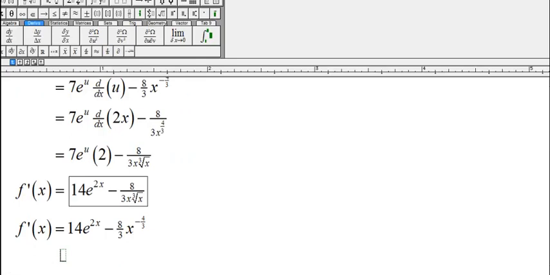Let me see if I can do a little bit more in my head this time. Okay, again, the derivative of 14 times e to the power is 14 times e to the power times the derivative of the power. The derivative of the power is 2, so that's going to turn this 14 into 28. Similar steps as last time, just did them in my head this time.